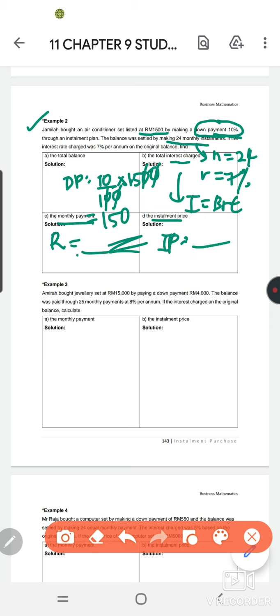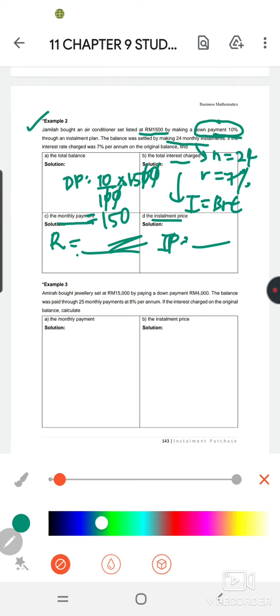Okay, how about example 3? Amirah bought a jewellery set at 15,000 by paying a down payment of 4,000. So the cash price is 15,000. The down payment already given is 4,000. The balance was paid through 25 monthly payments.